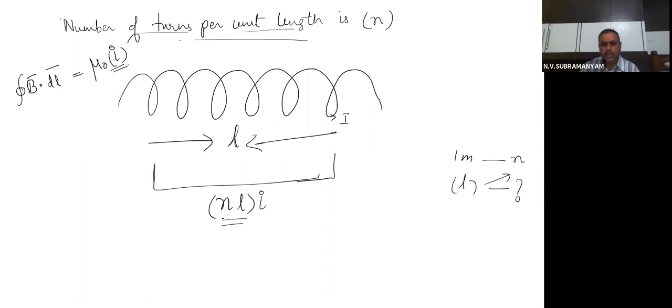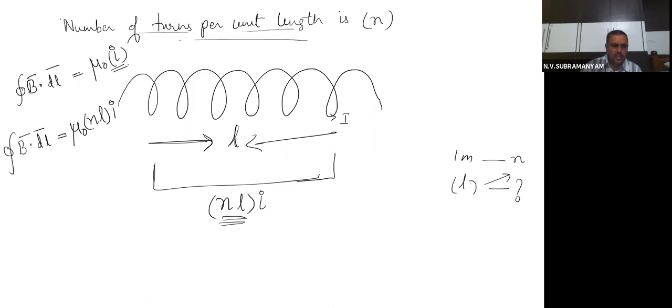But I already have n L turns, no. Then for all the turns put together I must consider the current. That means for the length L, the total current, for the turns under consideration, I must write as mu naught n L into I. Am I clear, children?